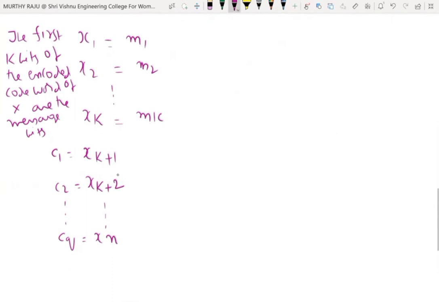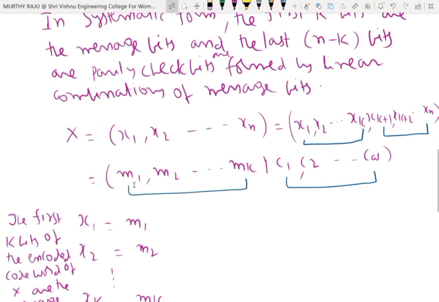Linear combination of message bits means, with message vector M equal to m1, m2 and so on mk, generally X is equal to M and C. Here M is m1, m2 and so on mk, and C is c1, c2 and cq.